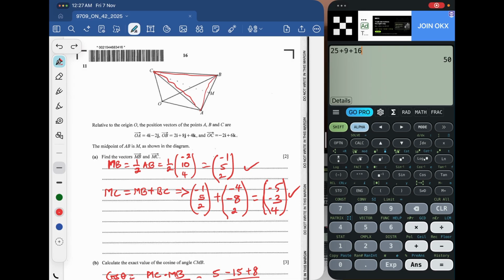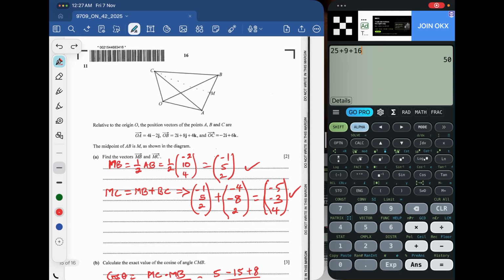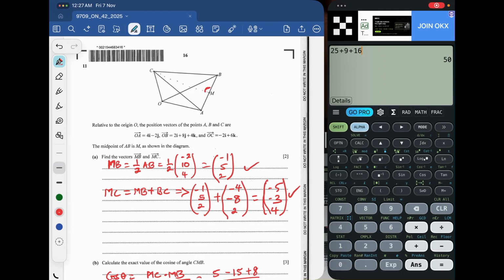That's what we're finding. So we already found this angle. That's what we found now. So all we need to do is to find the actual distances. CB, or BC.